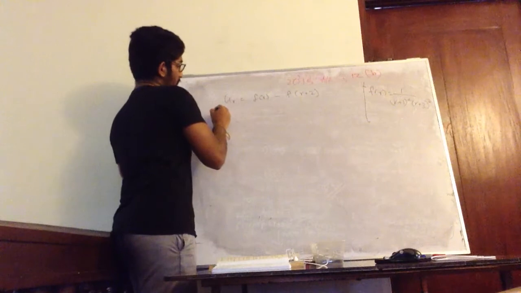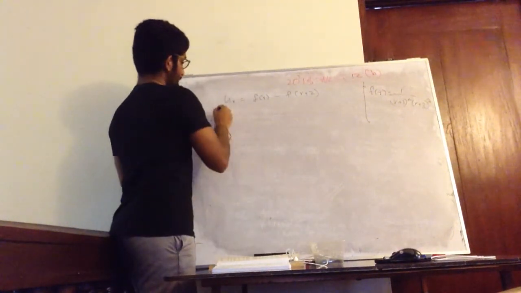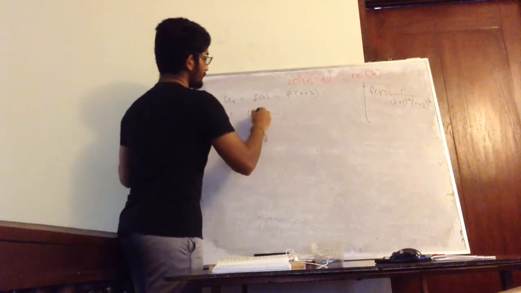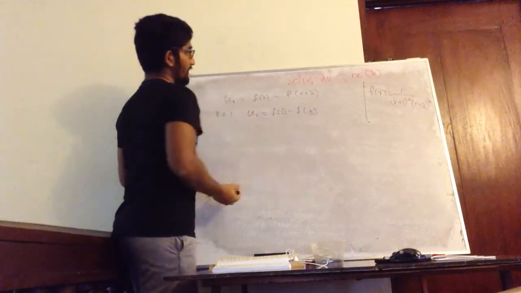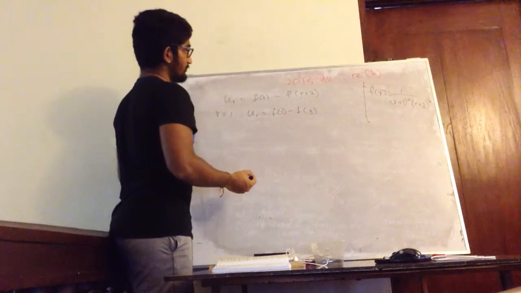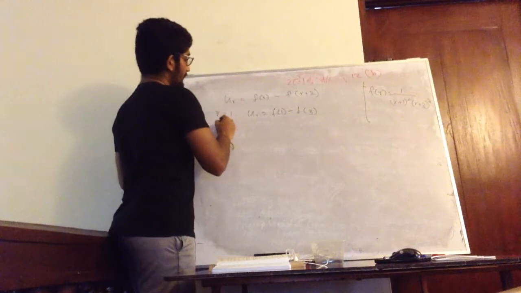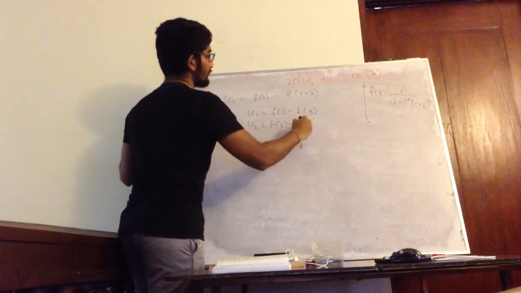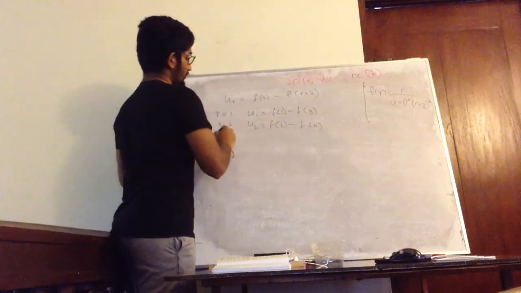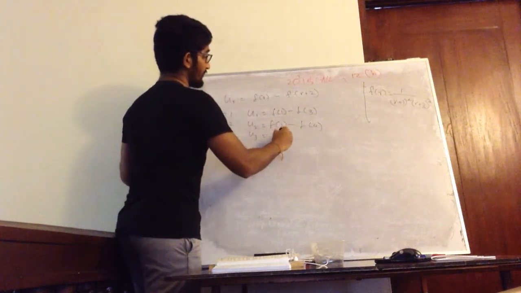When r equals 1, that means u_1 is going to be f_1 minus f_3, right? When r equals 2, u_2 is going to be f_2 minus f_4. When r equals 3, u_3 is going to be f_3 minus f_5.